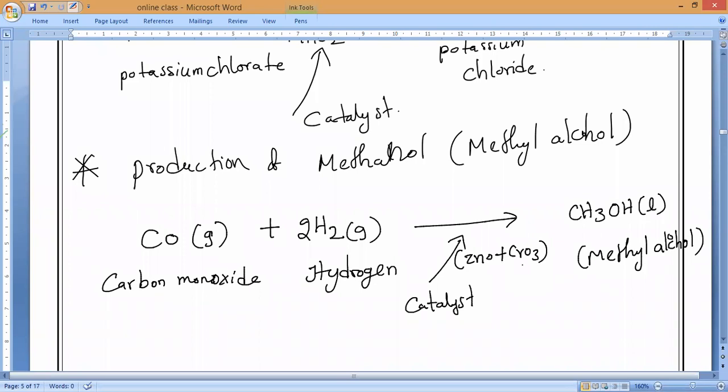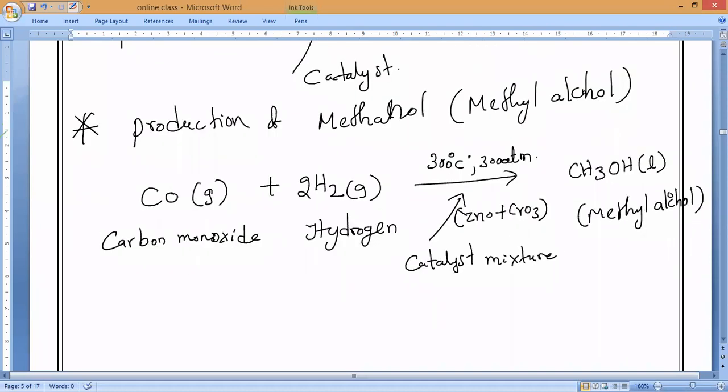It is a mixture of catalysts, zinc oxide and chromium oxide. The required temperature is 300 degrees Celsius at 300 atmospheric pressure.